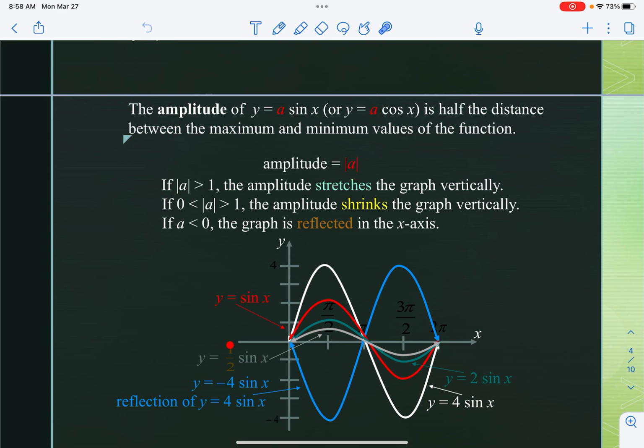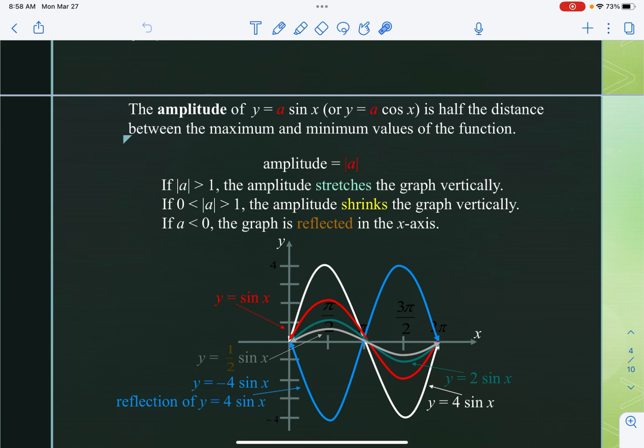For instance here, if it's a half, the one that's in gray, it's going to be a half up and a half down. If it's a negative 4, remember the negative means that it reflects. So you're going to go down 4 and up 4.